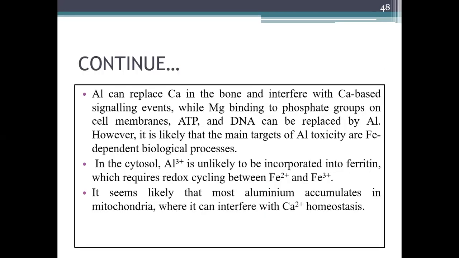Aluminium can replace calcium in the bone and interfere with calcium-based signaling events, while magnesium binding to phosphate groups on cell membranes, ATP and DNA can be replaced by aluminium. However, it is likely that the main target of aluminium toxicity is iron-dependent biological processes. In the cytosol, aluminium is unlikely to be incorporated into ferritin, which requires redox cycling between iron 2+ and iron 3+. It seems likely that most aluminium accumulates in the mitochondria where it can interfere with calcium homeostasis.